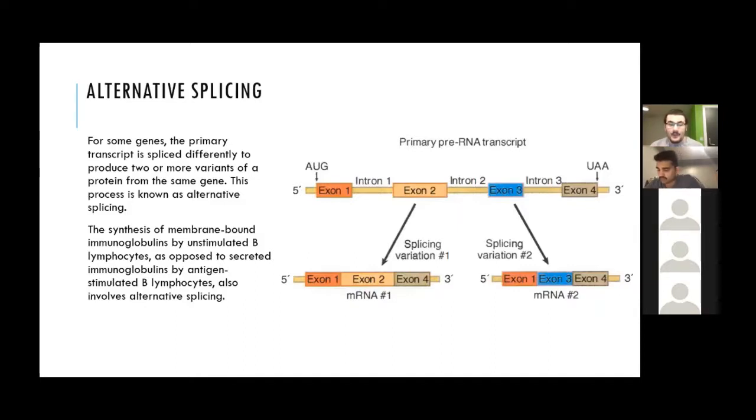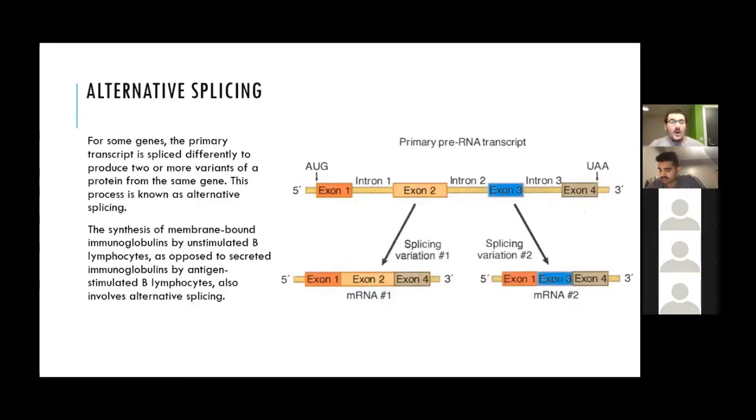A great example of that is, in immunology, B-cell receptors. B-cell receptors have basically the same structure as the antibodies that get released by the B-cell itself when it gets stimulated, when it recognizes an antigen, and so on and so forth.